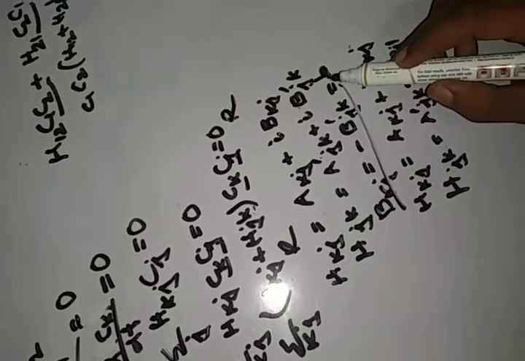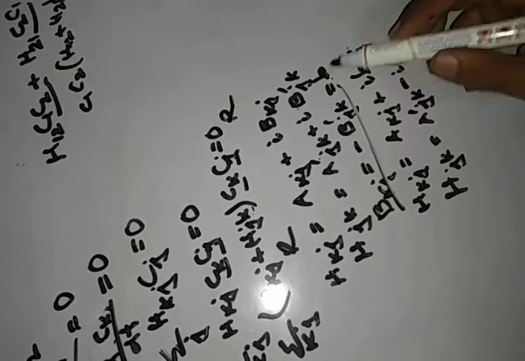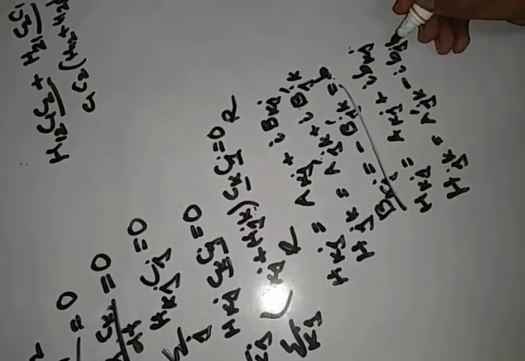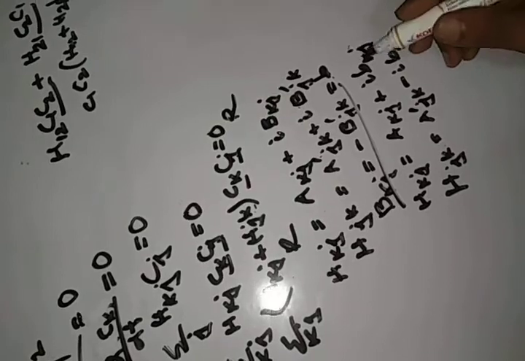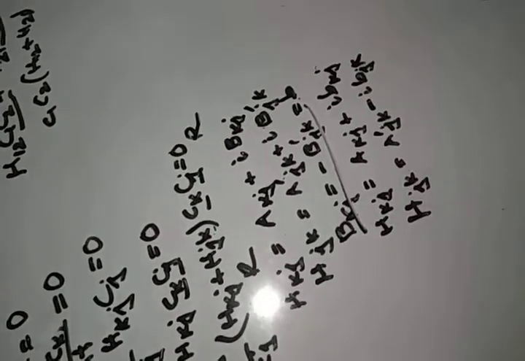These things are equal, and these two things are practically equal with what we have seen over here. k j and j k are equal.